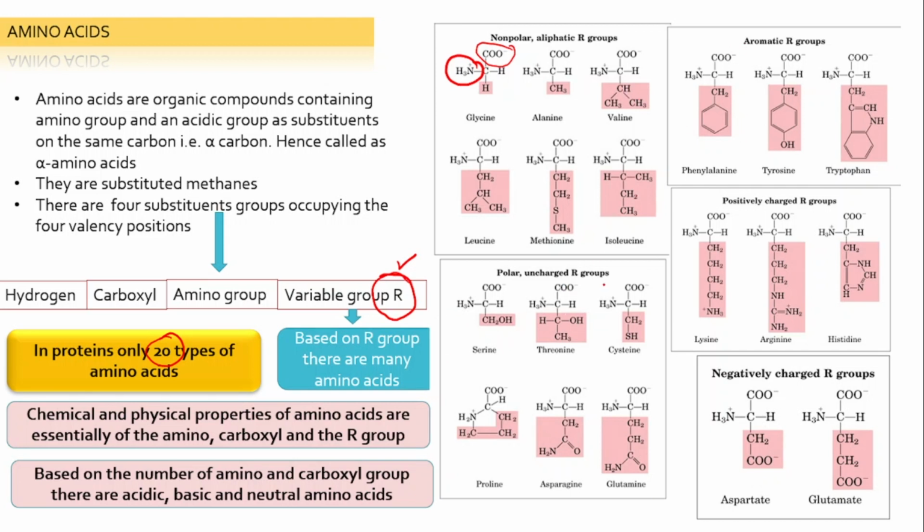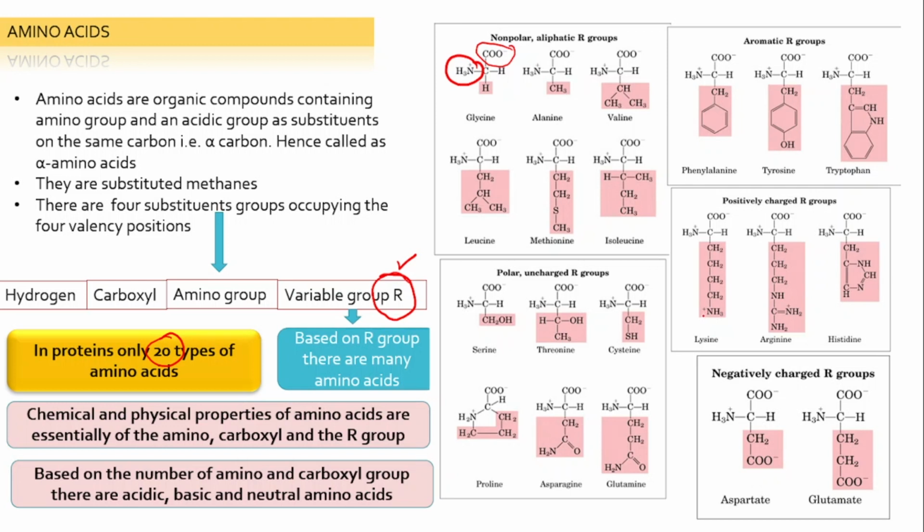Again we have aromatic R groups: phenylalanine, tyrosine and tryptophan. See this, the rest of the structure is the same, only the variable R group is different in all the amino acids. And we have positively charged R groups. Here the shaded group is the R group, so it is a positively charged R group.